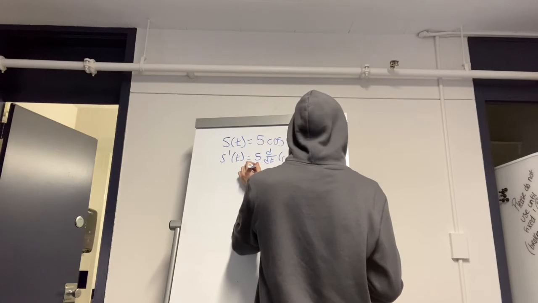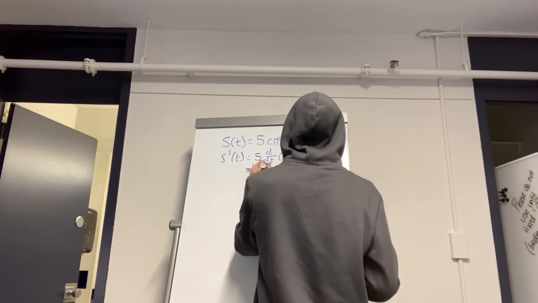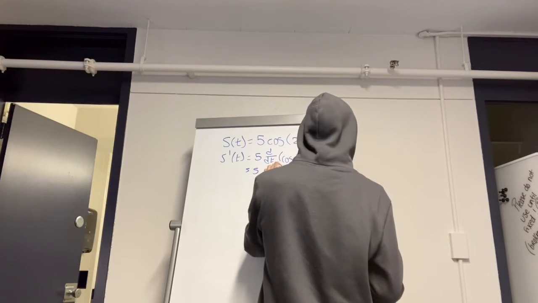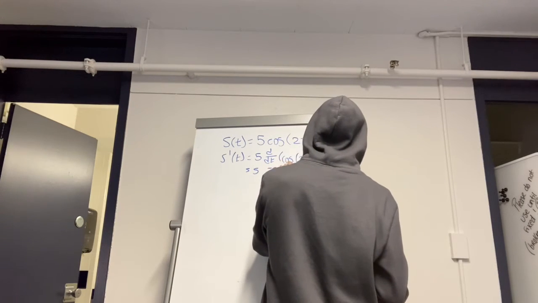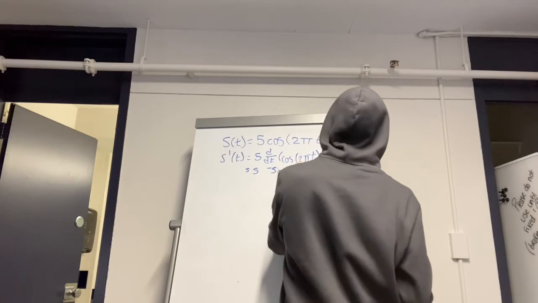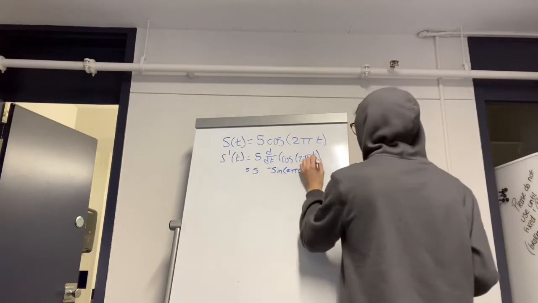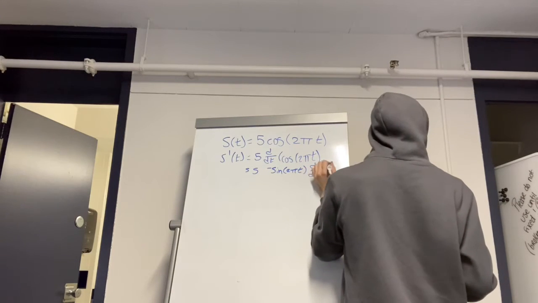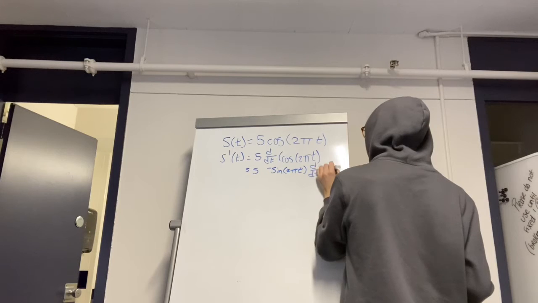5 negative sine of 2 pi t d over dt 2 pi t.